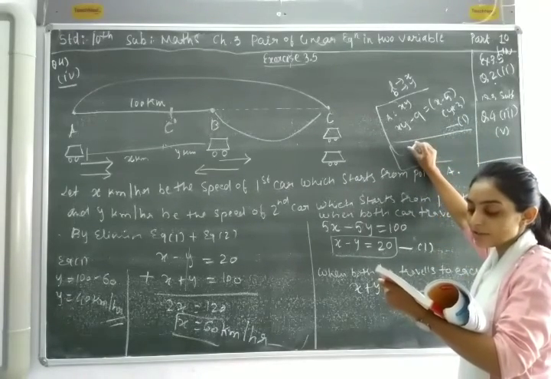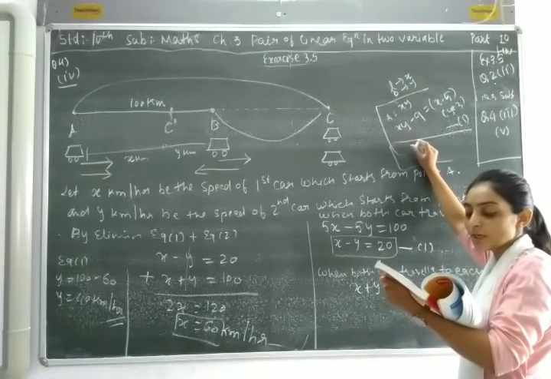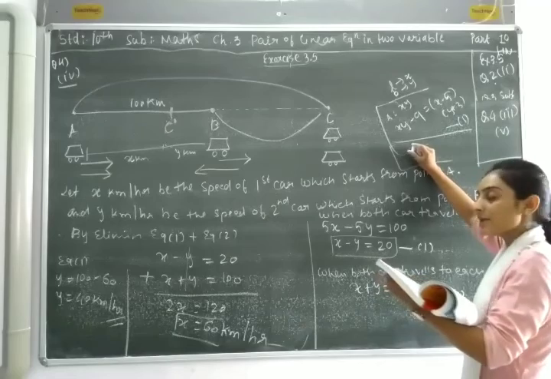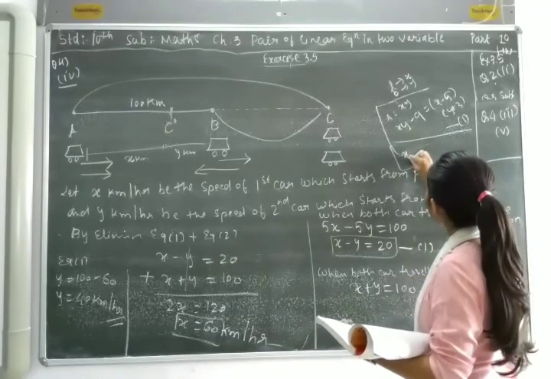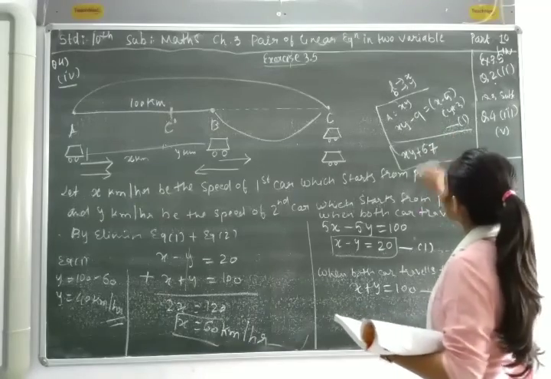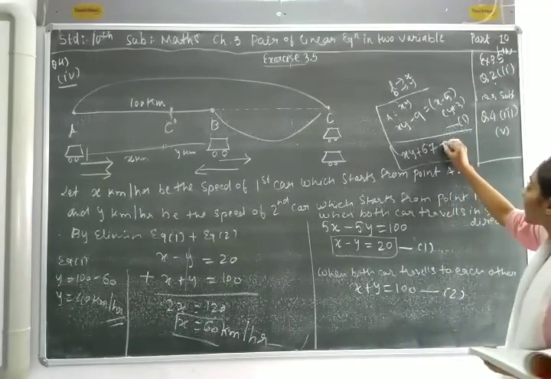Now the second equation says, if we increase the length by 3 units and breadth by 2 units, the area is increased by 67 square units. So xy plus 67 is the increase.